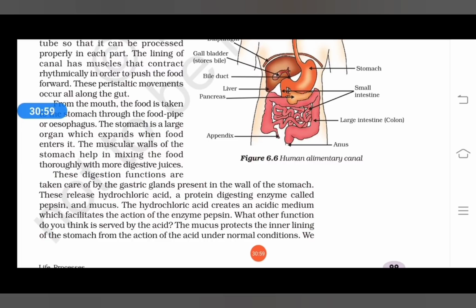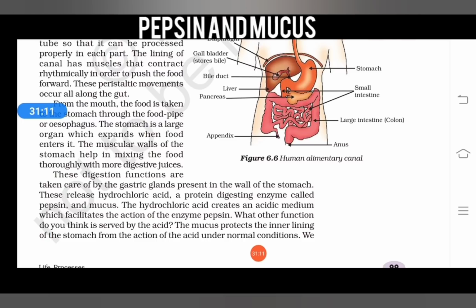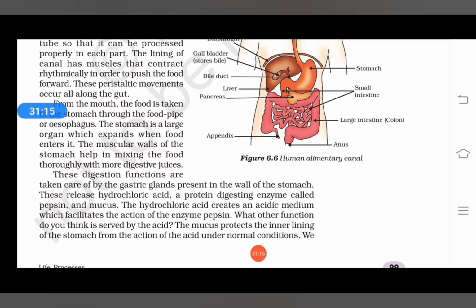This releases first hydrochloric acid, a protein digestive enzyme called pepsin, and mucus. Three things, remember: hydrochloric acid, pepsin, and mucus. The hydrochloric acid creates an acidic medium which facilitates the action of enzyme pepsin.